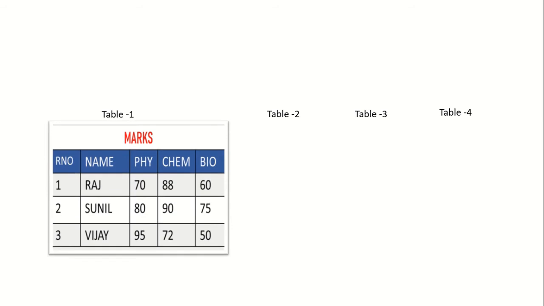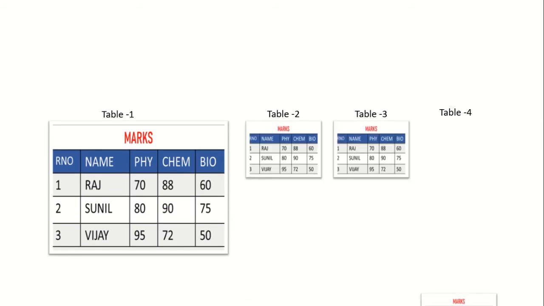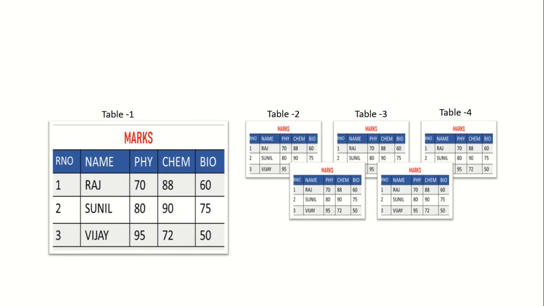So, for example, we have table 1, table 2, table 3, table 4. Likewise, we can have n number of tables. In Oracle or in any database, there are many objects. You can create many objects, and table is one of the objects. Object 1, object 2, object 3.